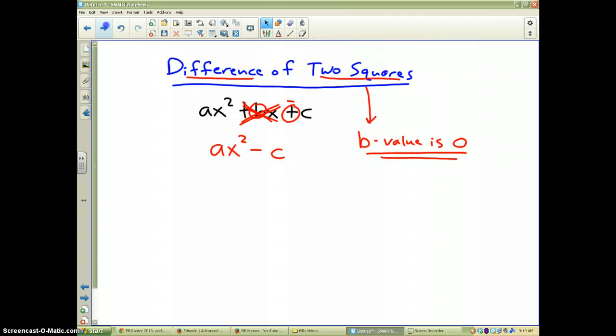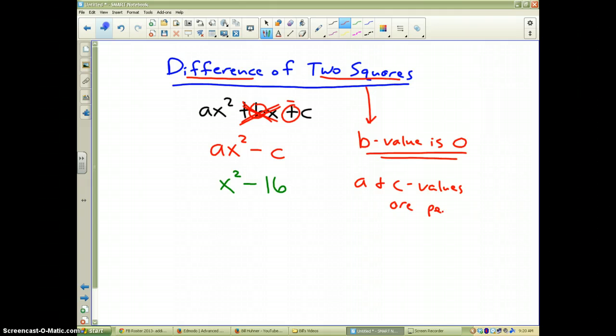For instance, here is a difference of two squares problem, x squared minus 16. Also important to note that in this case, the a and c values are also perfect squares. So if you notice, my a value is 1, my c value is 16.